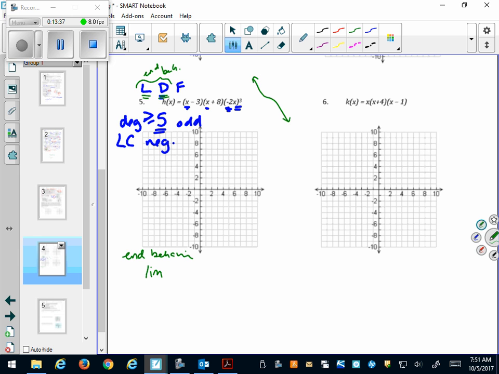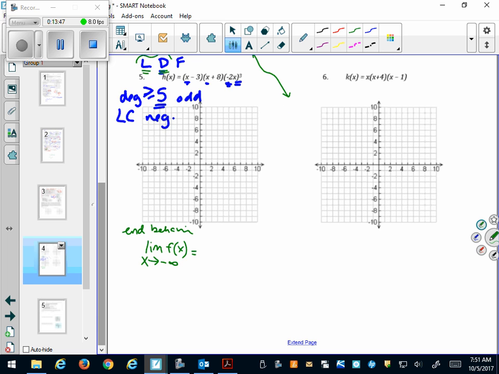Limit as x approaches negative infinity of the function equals, what's it going to equal? As x approaches negative infinity, so that's left, what's this graph doing? Positive infinity. It's going up.